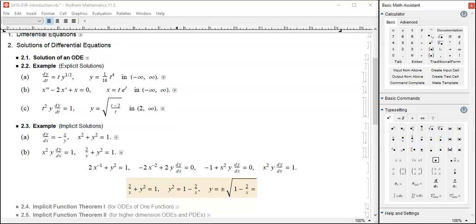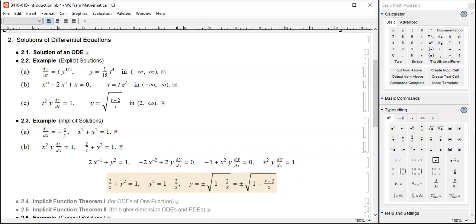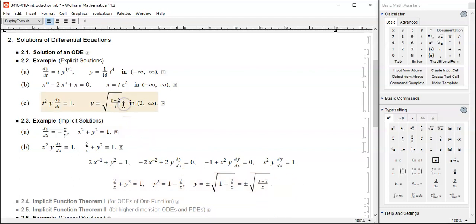Am I doing it right? And compare that with this solution given.